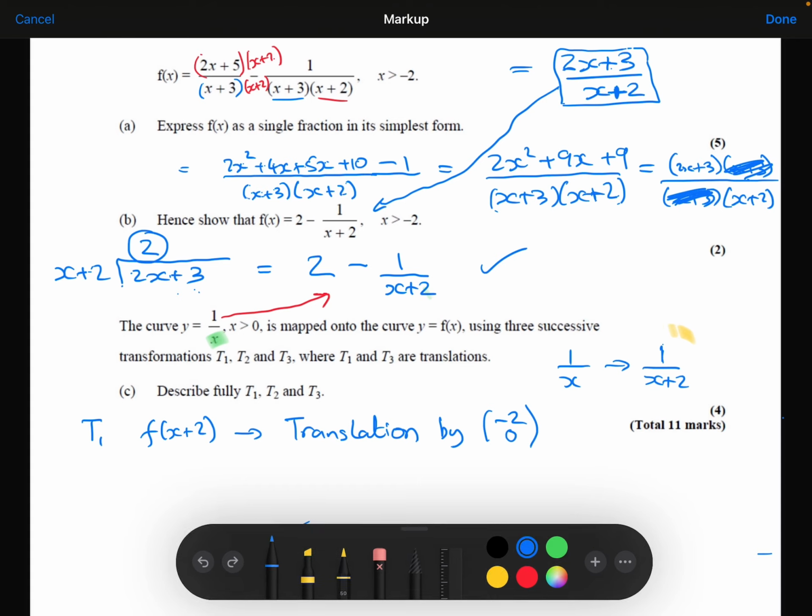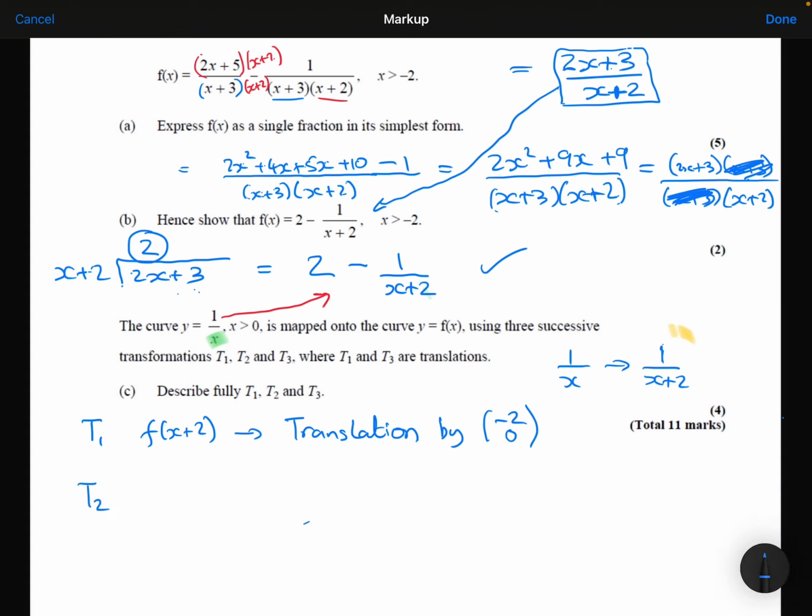So that's like taking the 1 over x plus 2 function and multiplying it by minus 1 at the front. So this is a reflection in the x-axis. It's timesing all the y coordinates by minus 1. So we now have a minus in front.